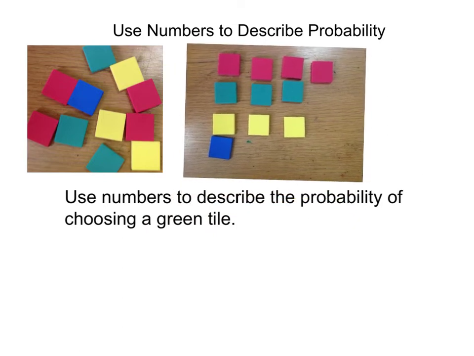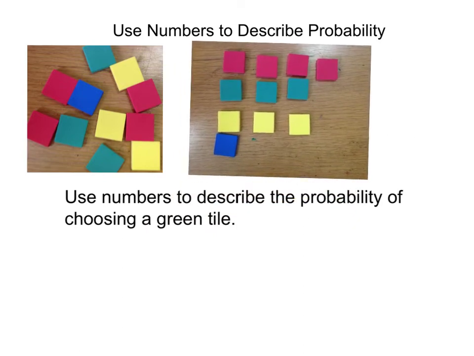So here I've taken a picture of the tiles arranged. So we can see now that there are 4 red tiles, 3 green tiles, 3 yellow tiles, and 1 blue tile. In total, this would be 11. Because 4 plus 3 is 7, plus 3 is 10, plus 1 is 11.